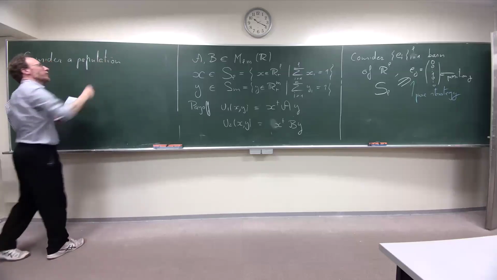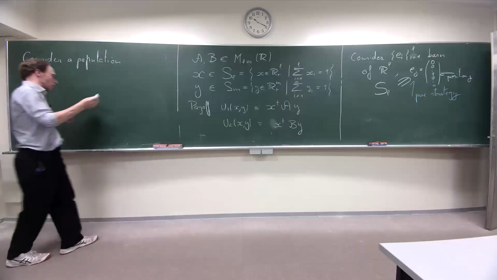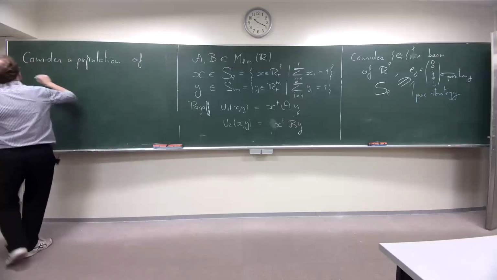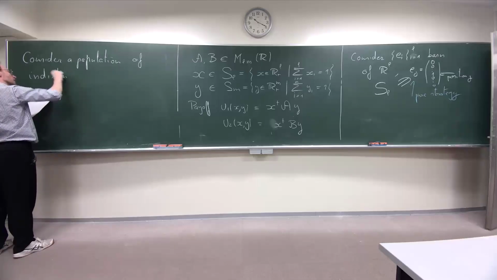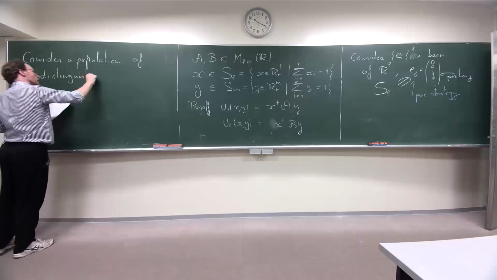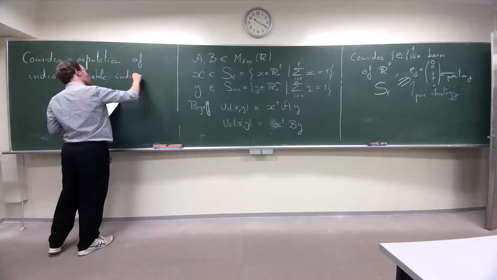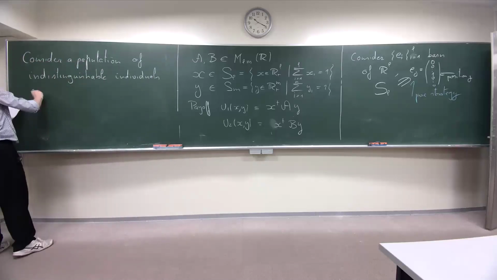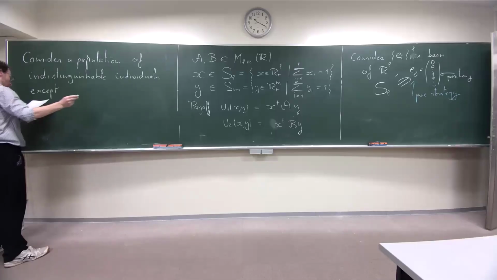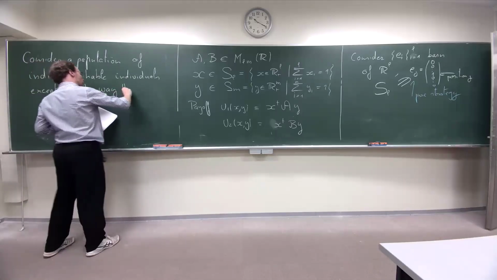Of course, this is the first model; you can then extend to more complicated ones, but the first model is we consider a population of indistinguishable individuals. So you cannot distinguish them except in the way they interact.